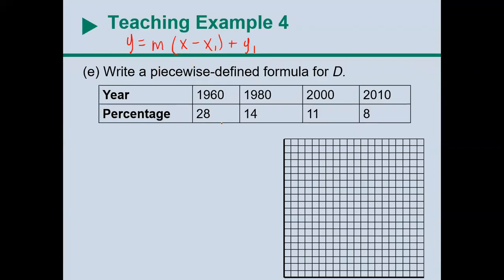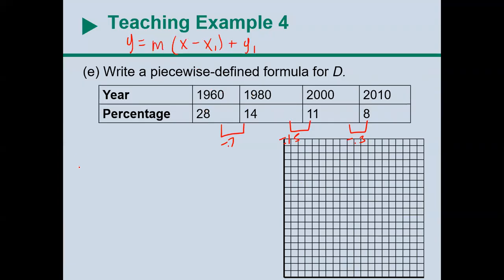So from here to here, our slope was negative 7/10, right? From here to here, it was negative 15/100. And here to here, it was negative 3/10. Okay? So you can choose either one of these points to create this final equation. I repeat again, you can simplify it if you want, but you do not have to simplify it for me. You can just write it.